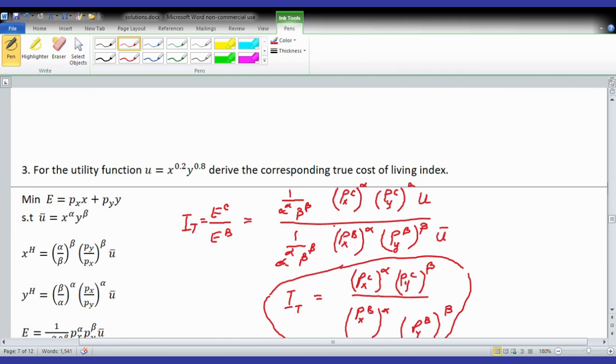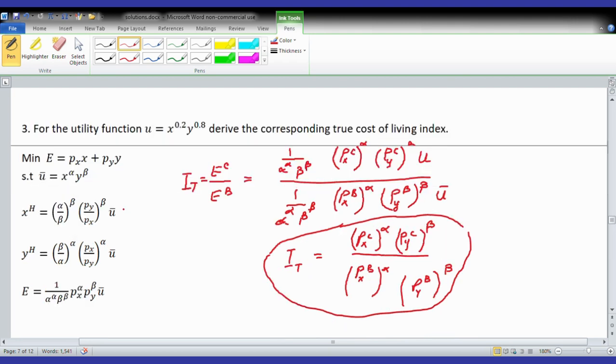This is the second question: for the utility function u equal to x to the power 0.2 y to the power 0.8, derive the corresponding true cost of living index. I have done it using the minimization problem. Here, minimize expenditures subject to the utility constraint.